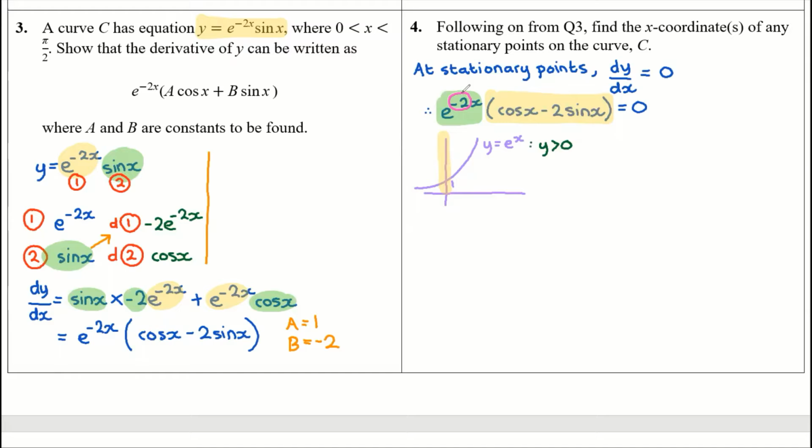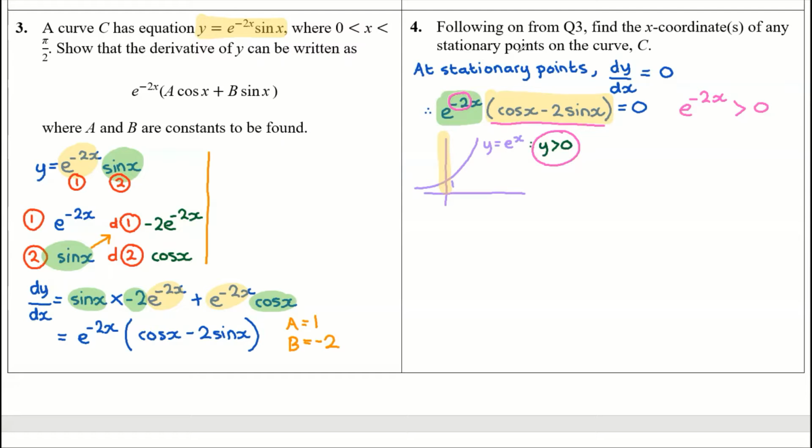So this range still holds for e to the negative 2x. That means that e to the negative 2x is always greater than 0, so it cannot ever equal 0. That means that we only have to consider the trigonometric part, set that equal to 0 and solve.